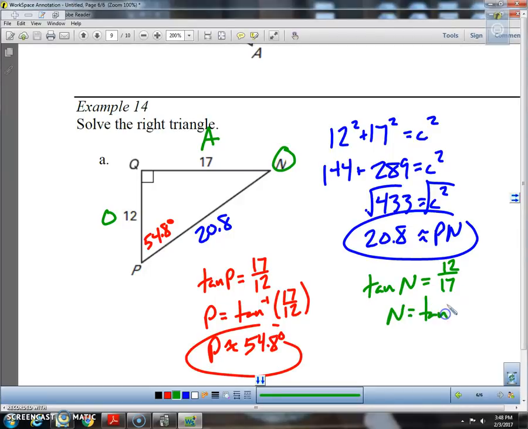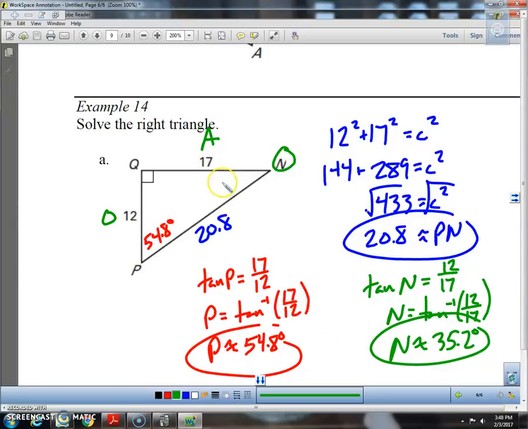N is the inverse tangent of 12/17, which is about 35.2 degrees. There we go. Both missing angles. Our missing side. I know everything about that triangle.